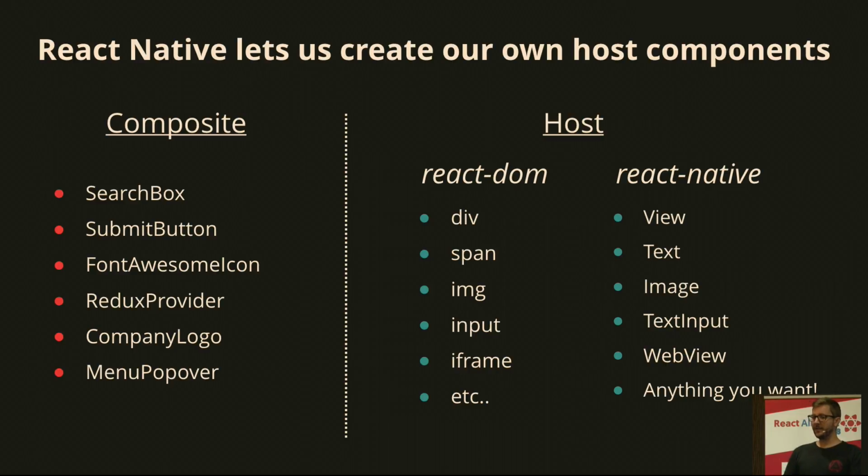So the rendering process in React, right, you render at the root, and then you recursively render all children until you get to a tree of native host components, which on the web are divs, spans, et cetera. And on native, there's view, text, text input, image, web view. Web view is kind of similar to an iframe.